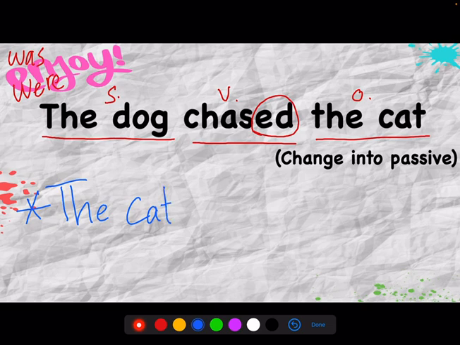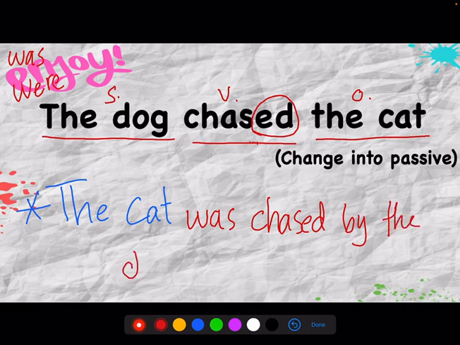What should I use now? The cat, I have to use was or were. Of course, I have to choose was because the cat is singular. So was, and the past participle of the verb chased will be the same. Chased. I can end it here, or I can complete it with by the dog.